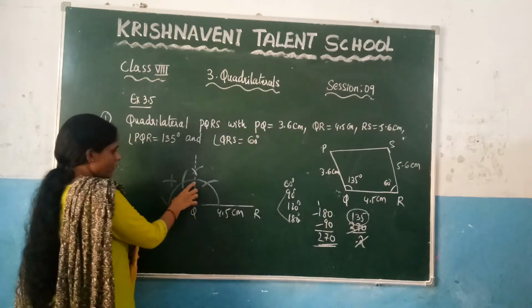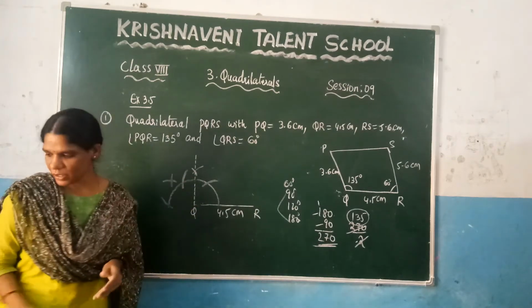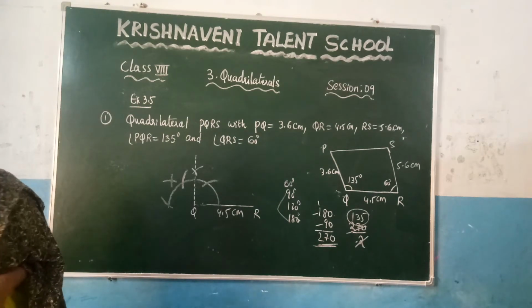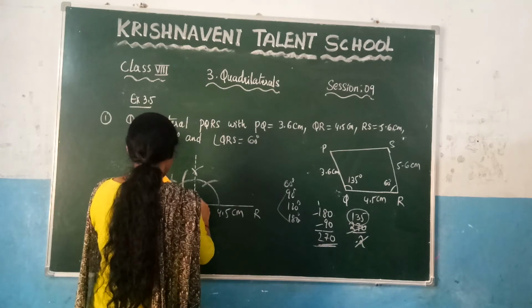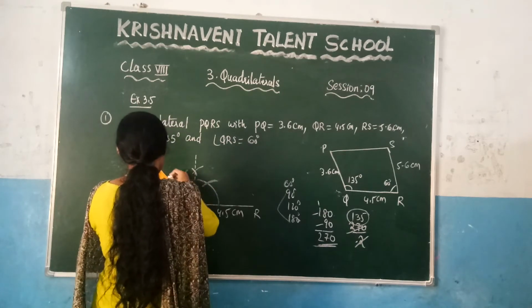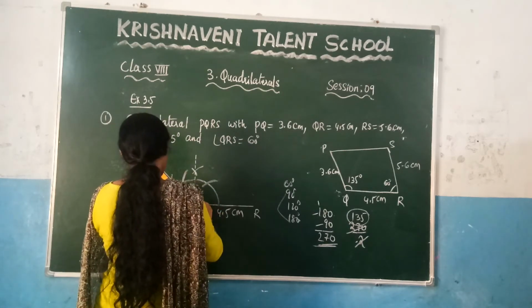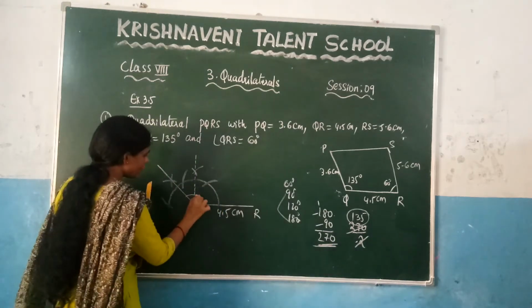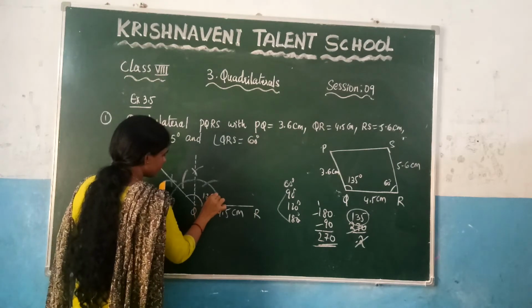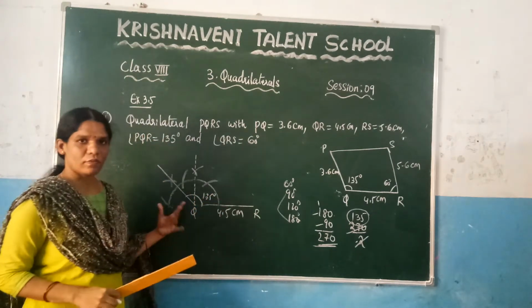So we have drawn the perpendicular bisector. Now join this arc. So this is nothing but 135 degrees. Like that you need to construct 135 degrees.